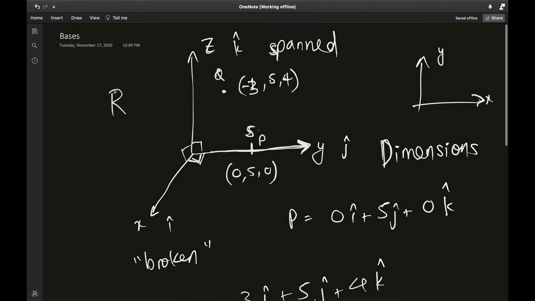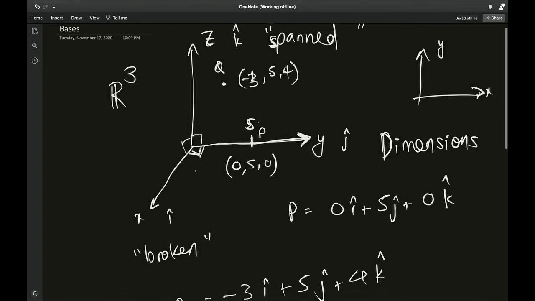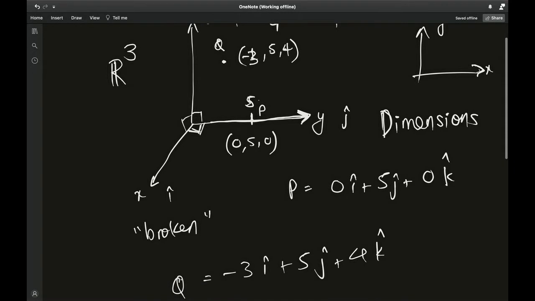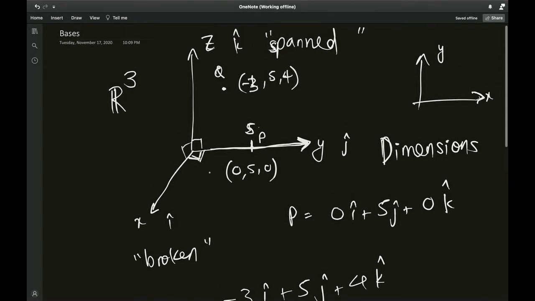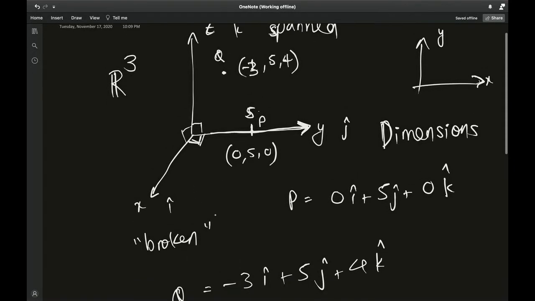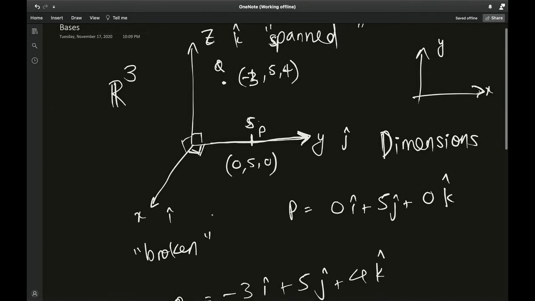And the space that I was trying to say these bases spanned was R3, but this is a little technical, because I haven't made a video on spanning and vector spaces yet, so it's like an offshoot, but please bear with me.